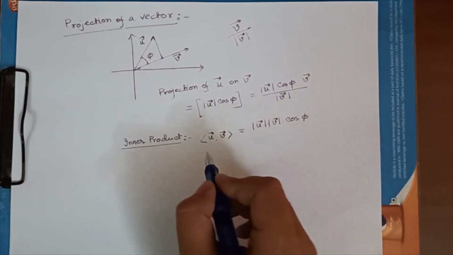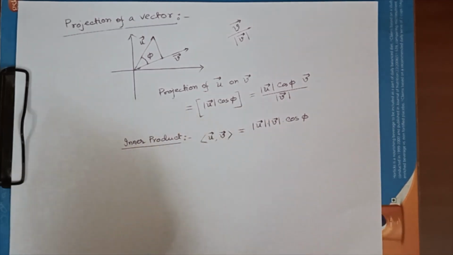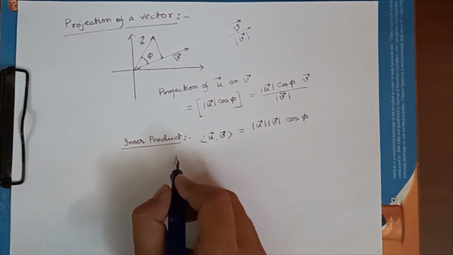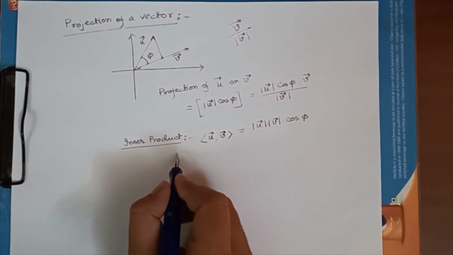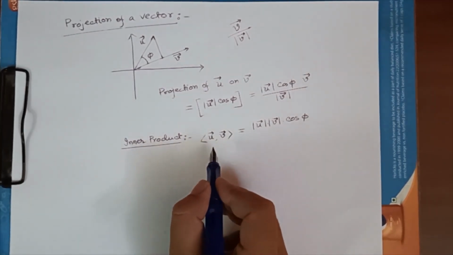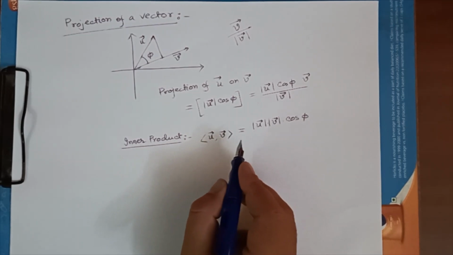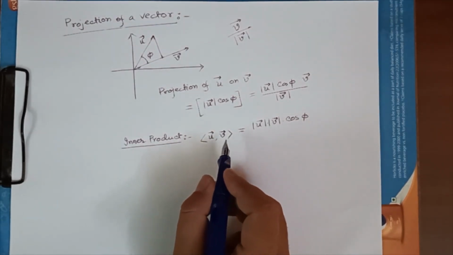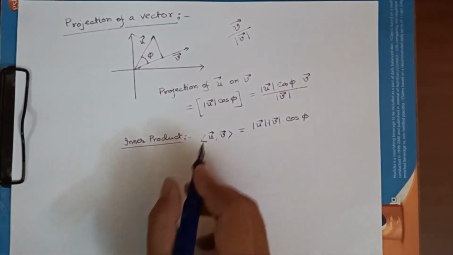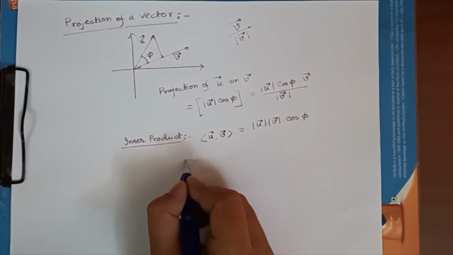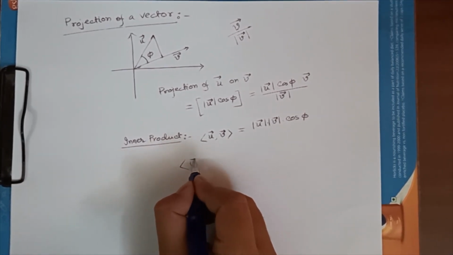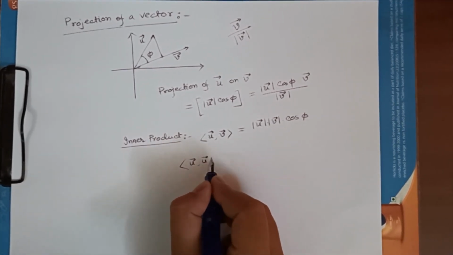So from here, this has certain characteristics, we'll mention them briefly. The characteristic is that the length of a vector can be generated from this inner product. So suppose you compute the inner product of u with u. What will you get?